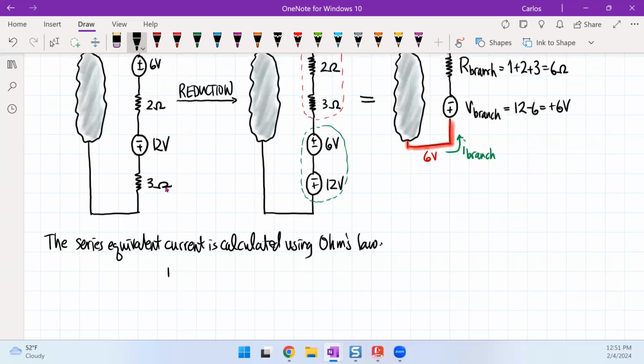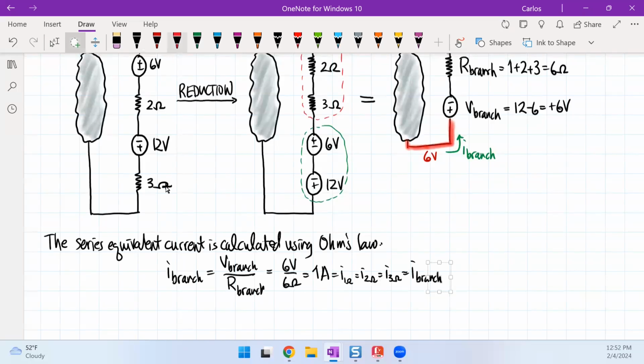In other words, I branch is then going to be V branch divided by R branch. And in our case, that means that this will be 6 volts divided by 6 ohm. So that's going to be 1 amp. So that means each of these resistors will have the same current as the branch. No surprise. We expected that to be the case.